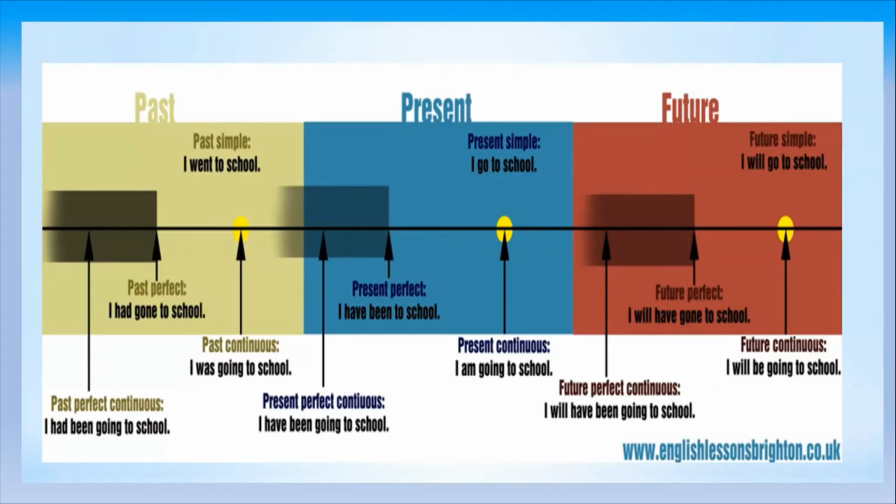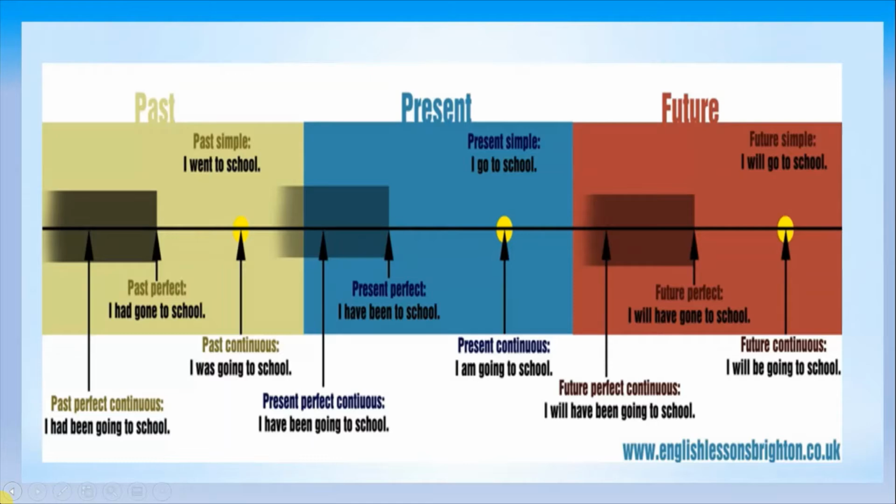This tense emphasizes the action that finished. And the past perfect continuous tense, also known as the past perfect progressive tense, shows the action that started in the past and continued up until another time in the past.